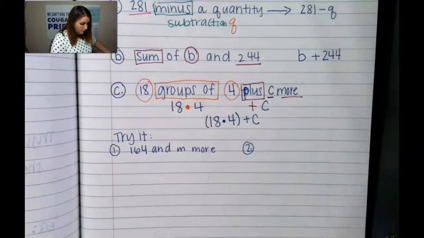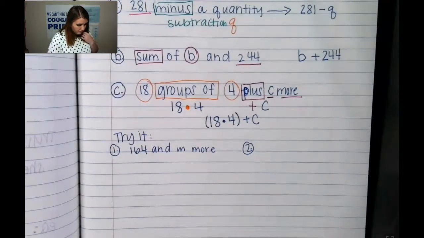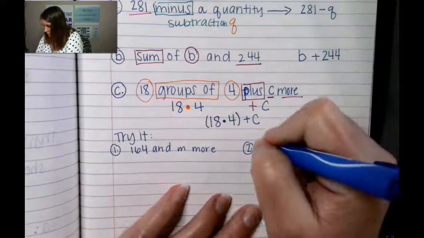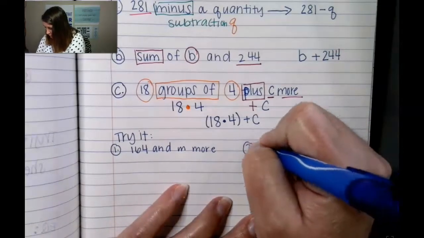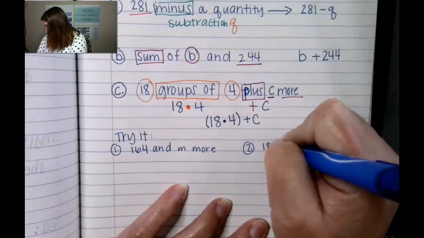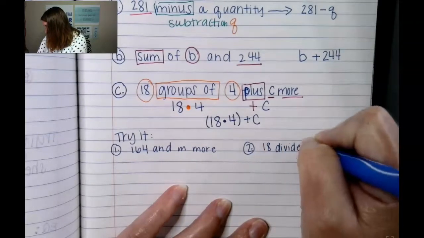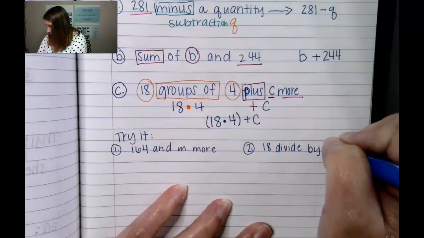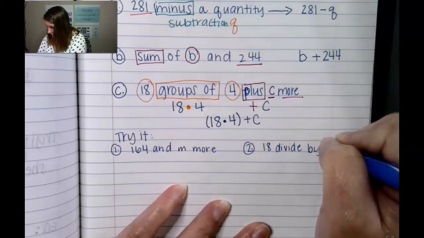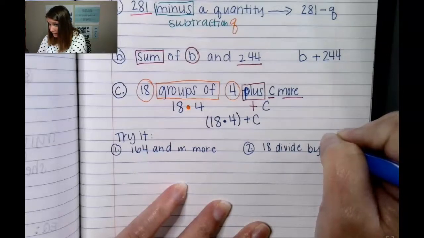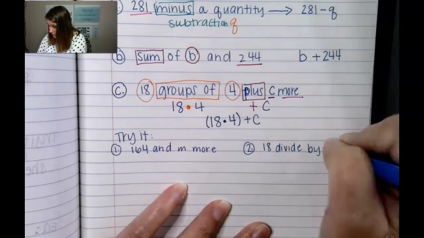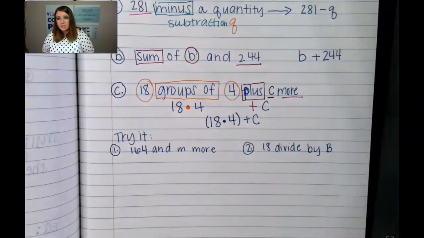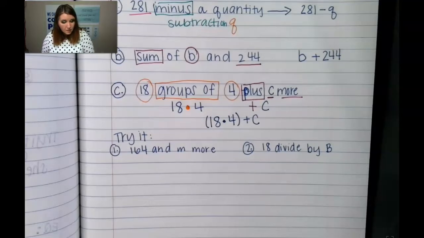I don't like that one. 18 divided by B. Okay, 18 divided by B. Okay, your turn to try it. Go ahead and hit pause so that you don't hear me do the examples.